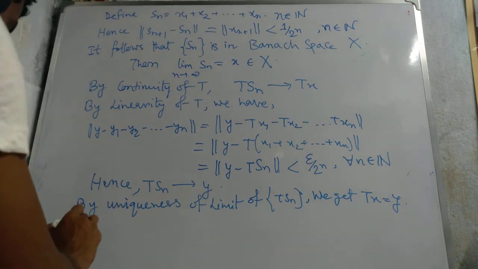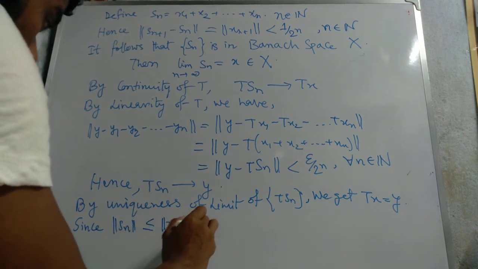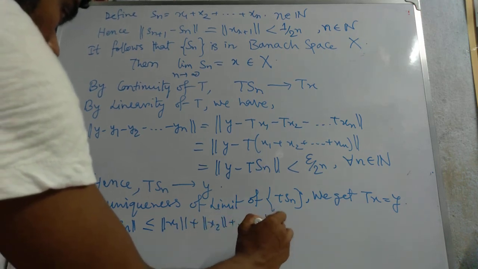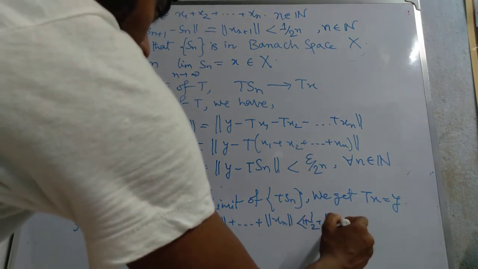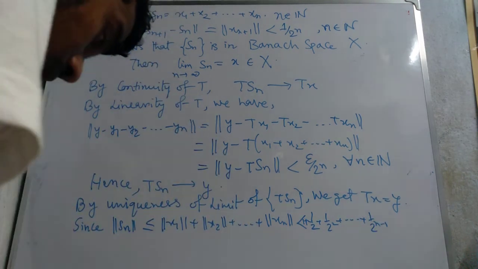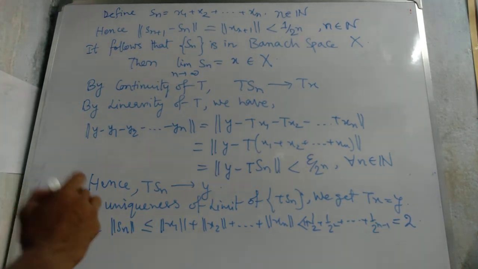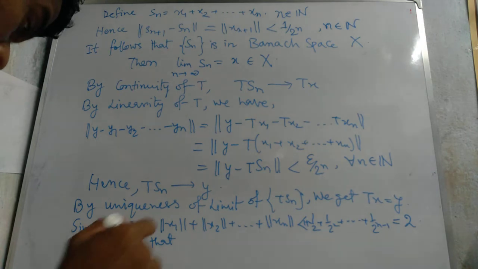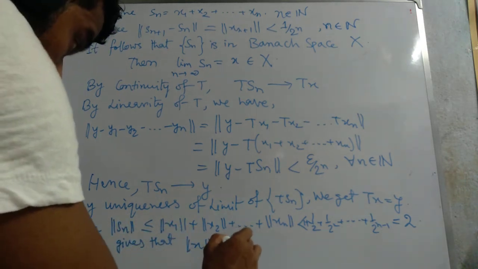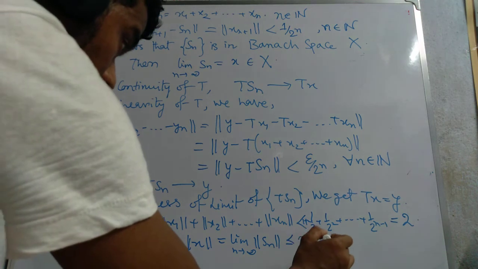Then since norm of Sn is less than or equal to norm x1 + norm x2 + ... + norm xn, which is less than 1 + 1/2 + ... + 1/2^(n−1), equal to 2, this gives that norm of x, the limit of norm of Sn, is less than or equal to 2, which is less than 3.